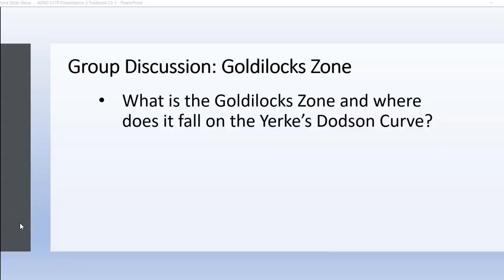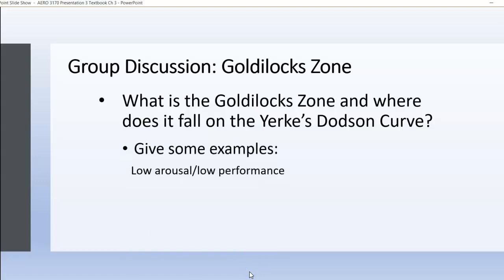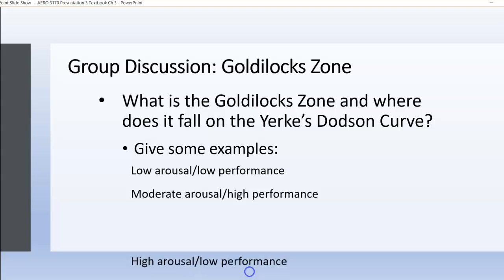In class, we'll discuss what's known as the Goldilocks zone. So what is the Goldilocks zone, and where does this zone fall on the Yerkes-Dodson curve? In thinking about the Goldilocks zone, give some examples of situations where arousal is low, and as a result, performance is low. Situations where arousal is moderate, which results in high performance.